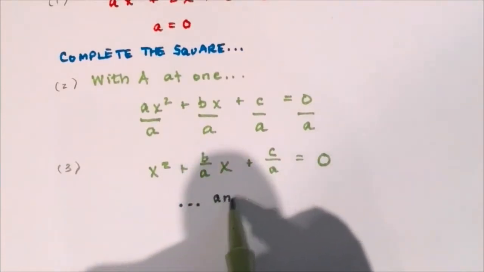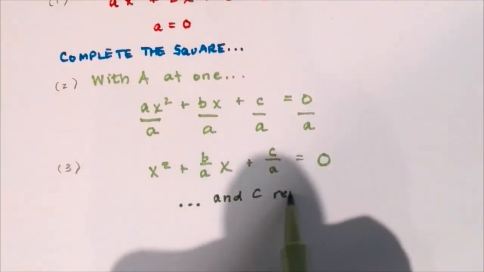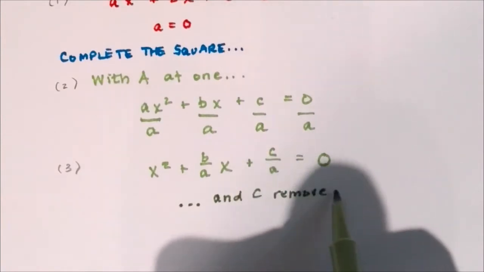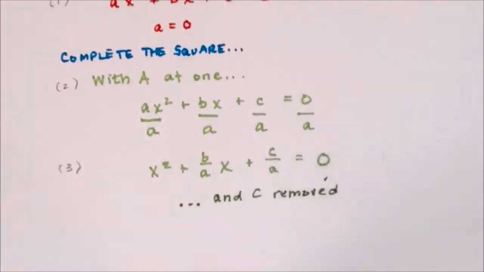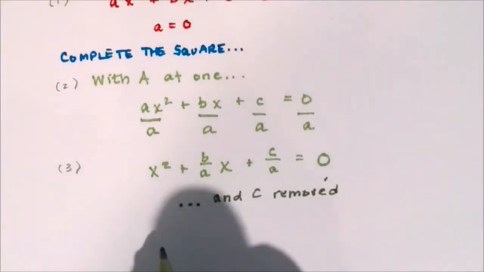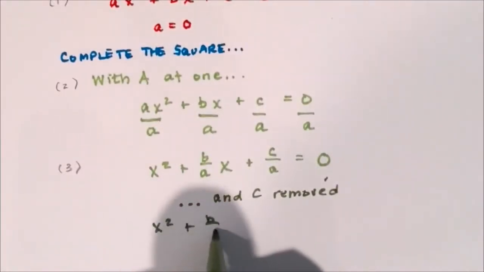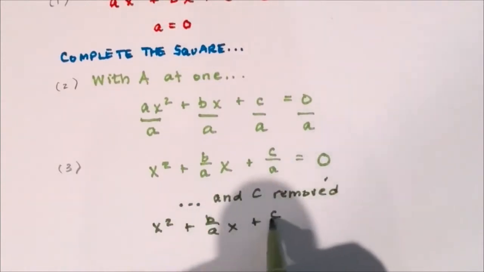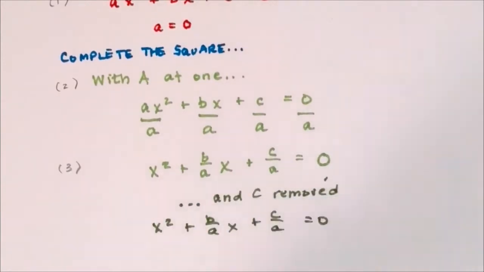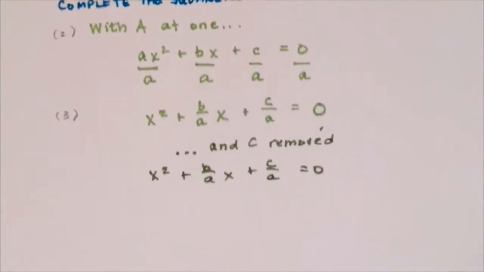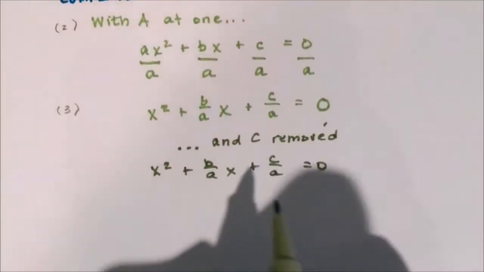And c removed. C is currently c over a, so I need to remove that c over a, not just the c. So what am I going to do?